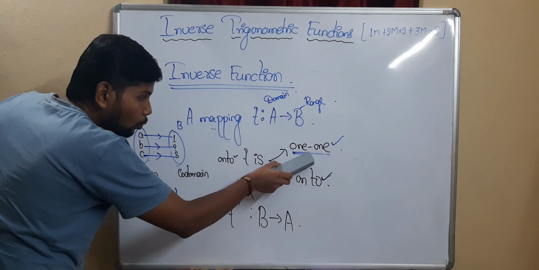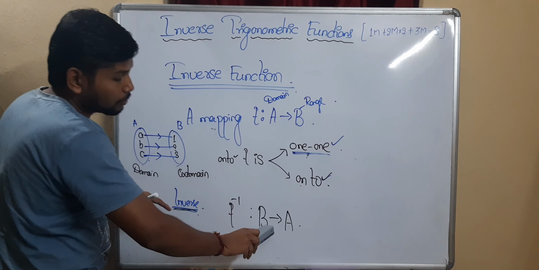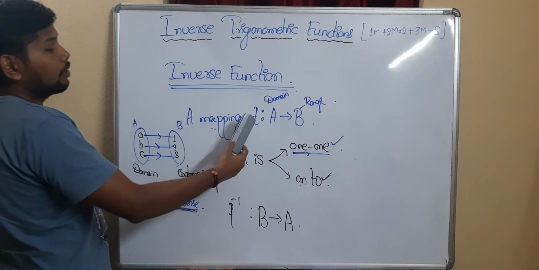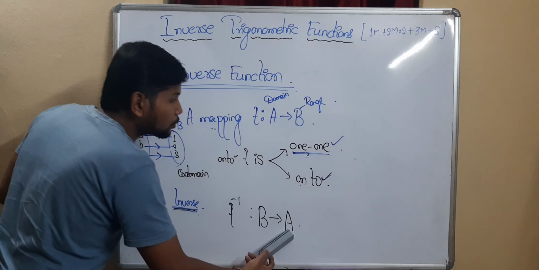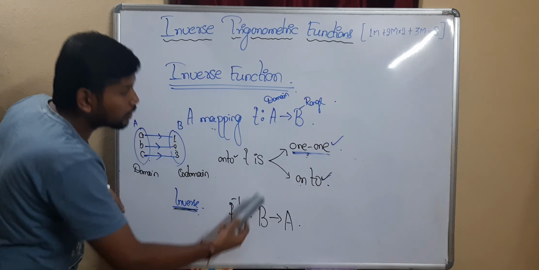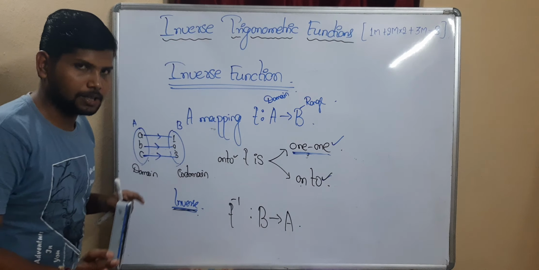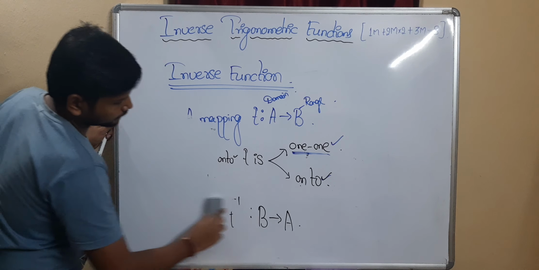It must be 1 1, it must be onto. Then only we can define inverse. In inverse, what will happen? Whenever f is from A to B, f inverse will be B to A. A to B, domain range. The range will become the domain. Domain will become the range. Got the point clearly? Fine.